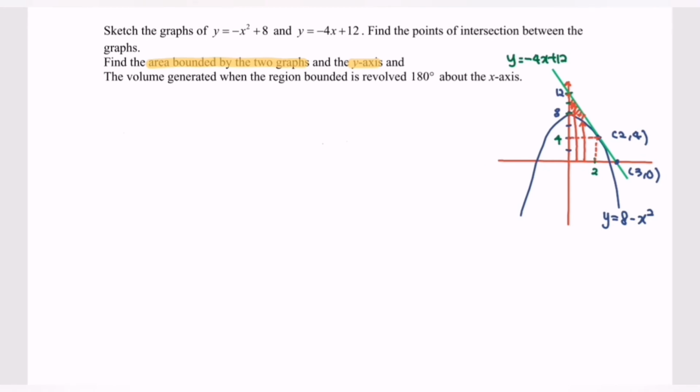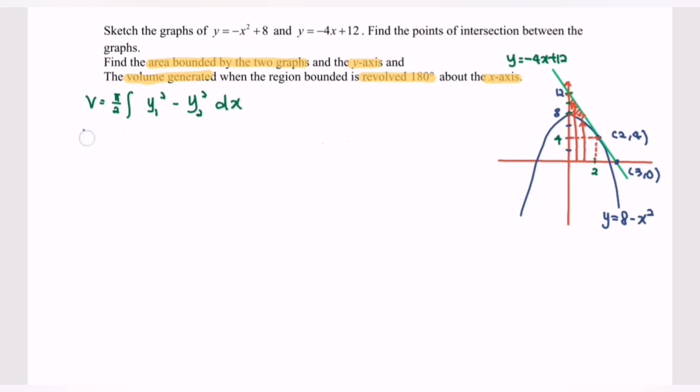Next, we are going to find the volume generated when the region bounded is revolved 180 degrees above the x-axis. So meaning that in order to find the volume, the formula will be pi over 2 integrate y1 squared minus y2 squared with respect to x.